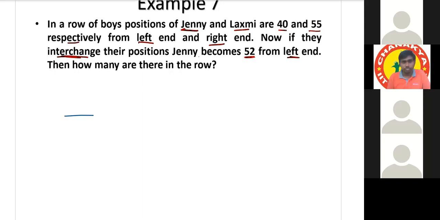Sir, one doubt. In a boys' row, what are these two girls doing? Sorry? It's a row of boys, then what are these two girls doing? Don't confuse with the names, okay? Our next topic is blood relations. In blood relations, we will mention that point also. We should not declare gender by their names.